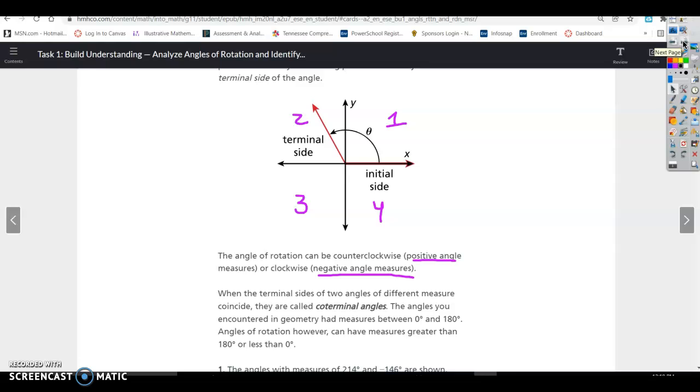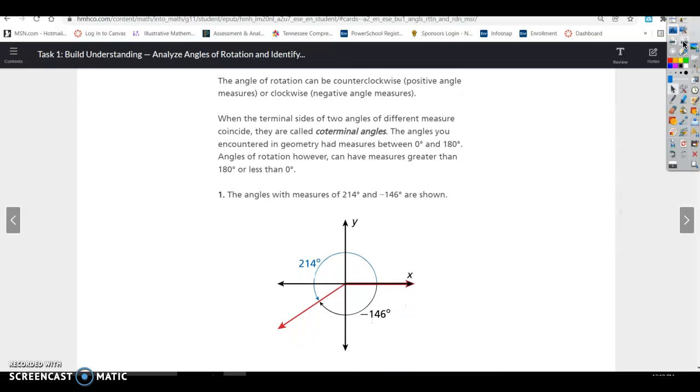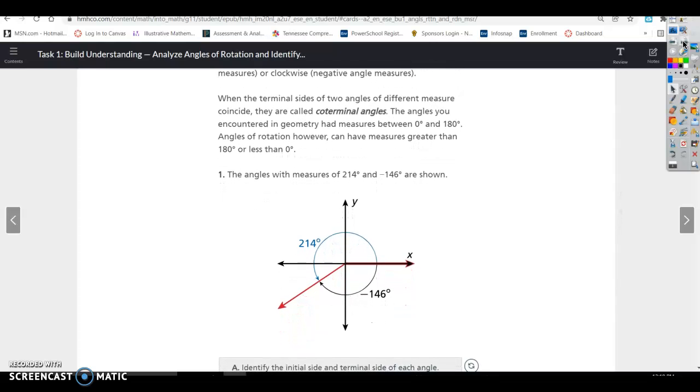Let's talk about angle rotation. When the terminal sides of two angles of different measures coincide, they are called coterminal angles. The angles you encountered in geometry have measures between 0 and 180.